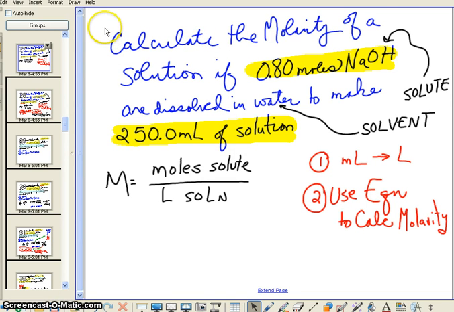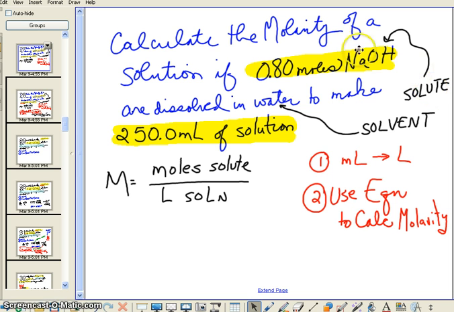So in this problem, what we're going to do, the first problem, is to calculate the molarity of a solution given 0.8 moles of sodium hydroxide that are dissolved in enough water to make 250 milliliters of solution. You'll be doing this in a few days, doing some calculations and then getting ready for the next lab.